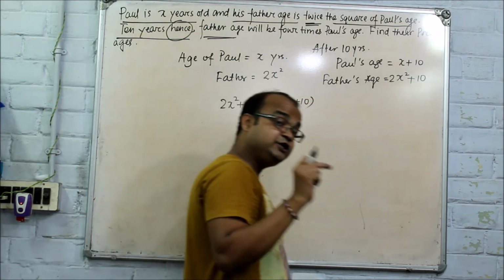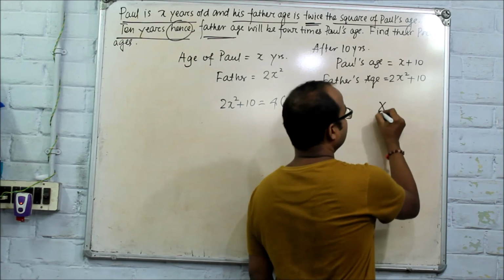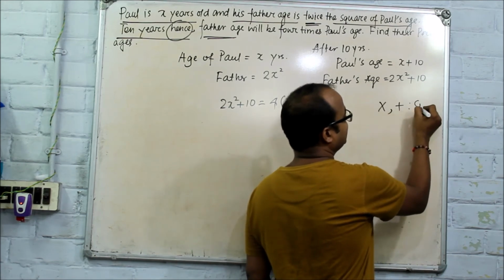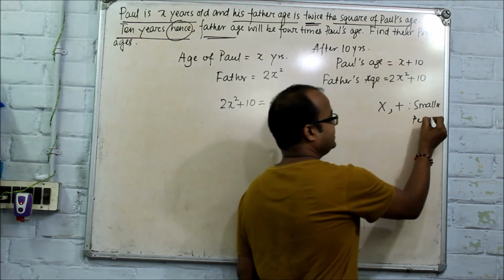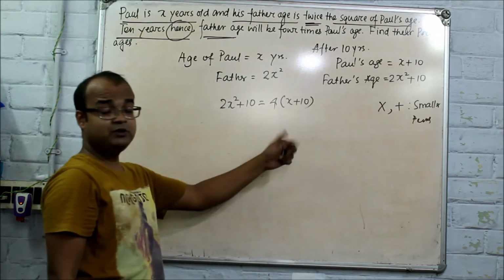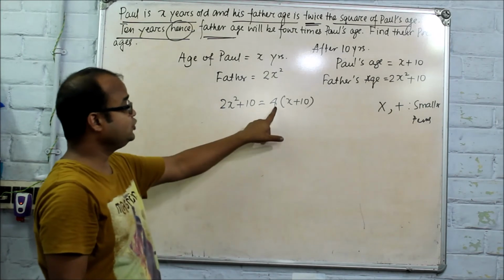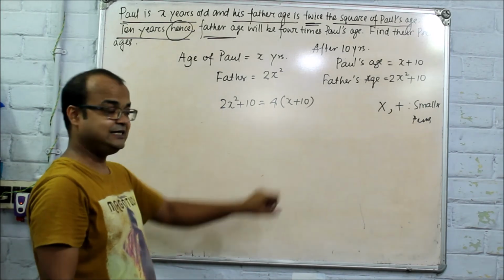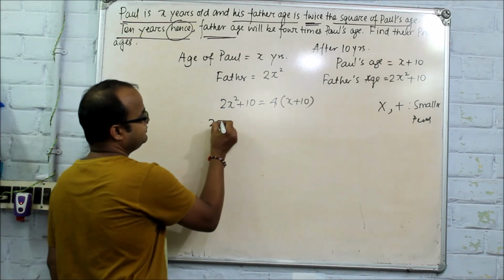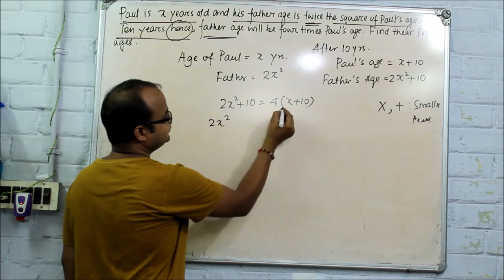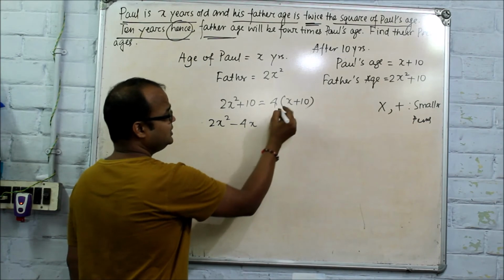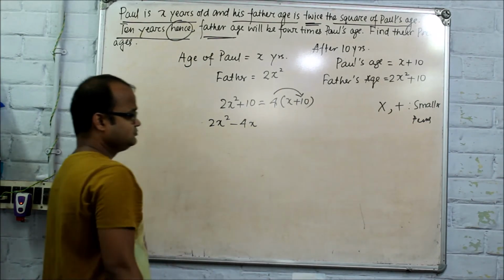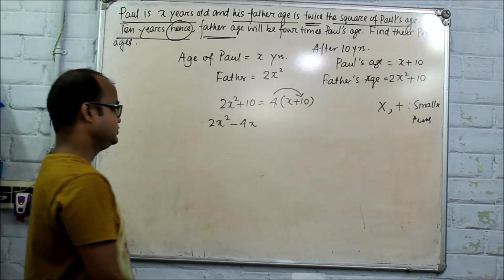Every time you need to multiply or add with the smaller quantity, the smaller terms. Obviously the child will always be younger, so we need to multiply 4 with the child's age. So if you simplify, you will get 2x square minus 4x plus 10. 4 into 10 is 40.